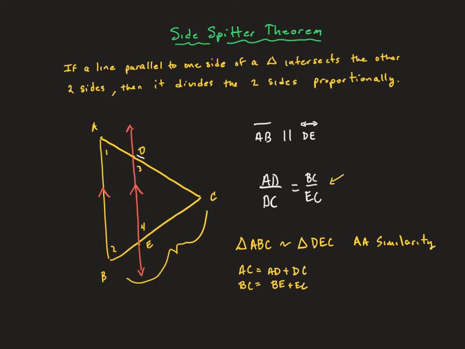We do that because of the segment addition postulate. It makes sense: two little pieces put together make the big piece.